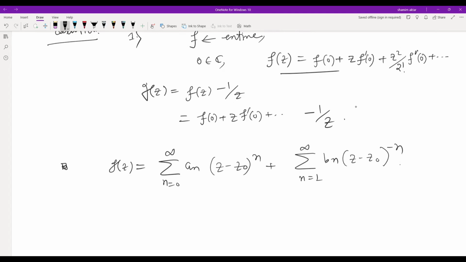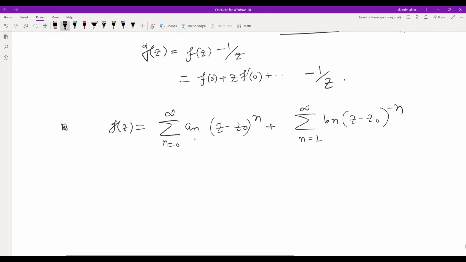We already know that this is a Laurent series expansion of a function f. If all b_n are equal to 0, then the function f has a removable singularity at z0.